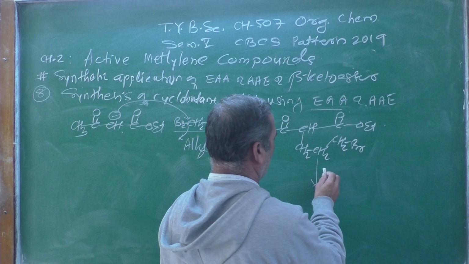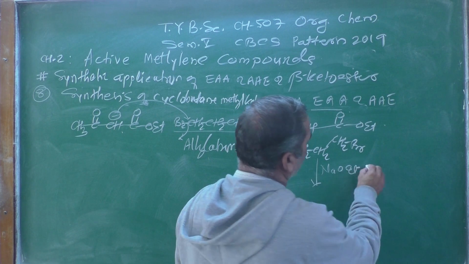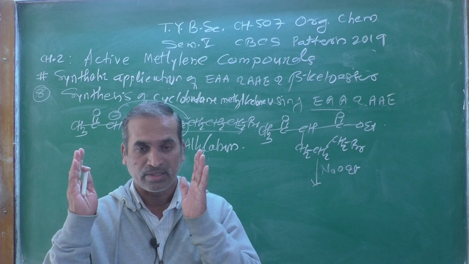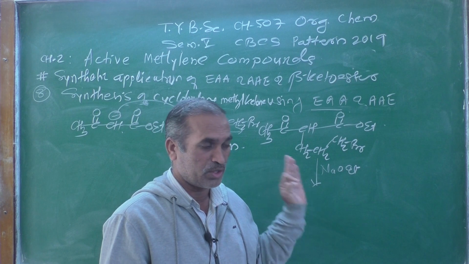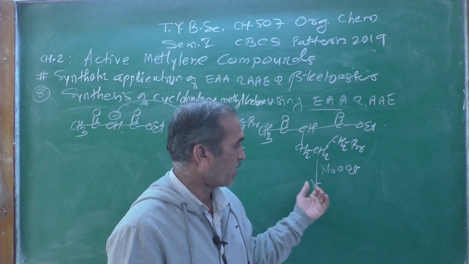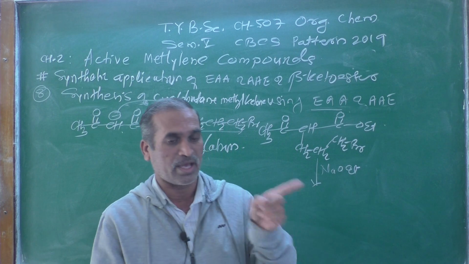Remember, don't do the hydrolysis first. If you do the hydrolysis first, what will happen? There is a reason behind it, why I am using sodium ethoxide rather than hydrolysis.